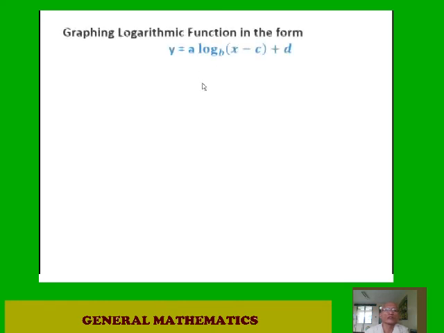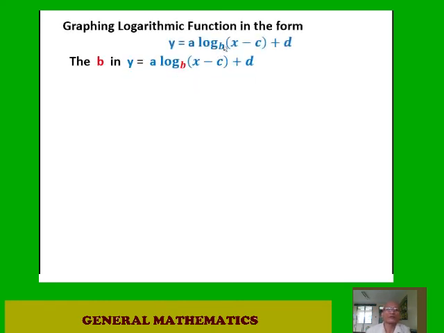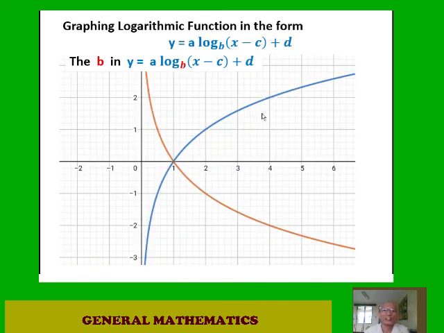Next, how about b, the base? What will happen to the graph of the logarithmic function? Here, the blue one is our original logarithmic function, log x base 2. If 2, the base, changes from 2 to less than 1, let us say 1/2. The base 2 is greater than 1.